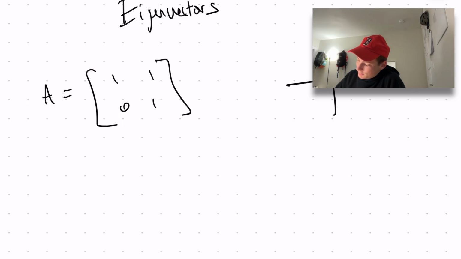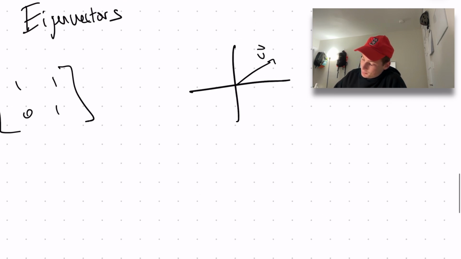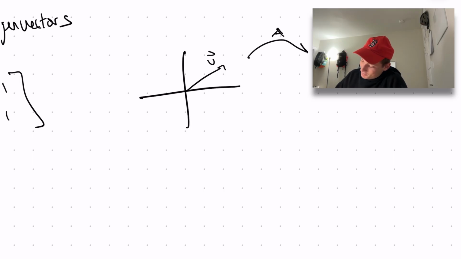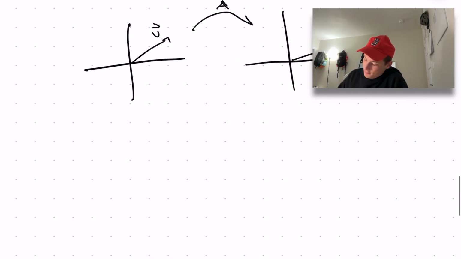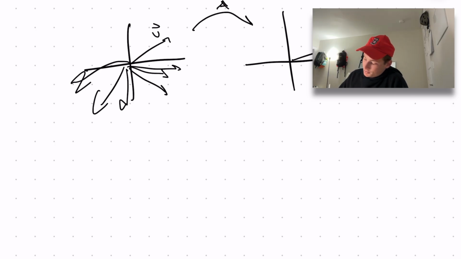So this is V. So if I applied A to V, so it's like, all right, I'm gonna A this, then it would do something, right? But you could also think about every vector in this whole space, every possible vector that you could draw. What is the result of A'ing this whole thing?